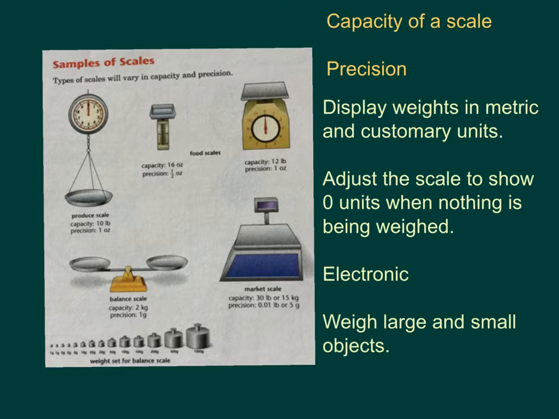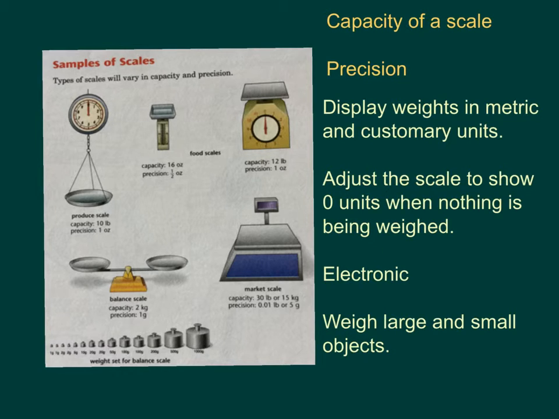While scales can be very different, they have some things in common also. Today, most scales display weights in both the metric and customary units of measure. Also, all scales can adjust to show 0 units when nothing is being weighed. Again, notice this produce scale, nothing's on it, and it's starting out at that 0 mark to show that it has no weight. It doesn't take into account the weight of the scale itself.